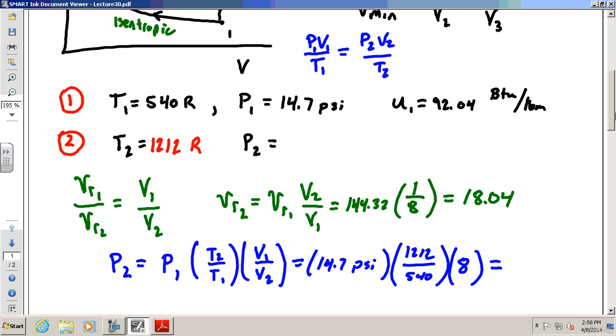So let me do that, since I don't have that in front of me. I think you get about 264 psi. Good, thank you for confirming. So the result for state 2 is 264 psi.